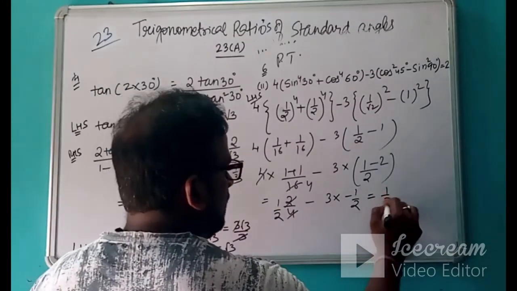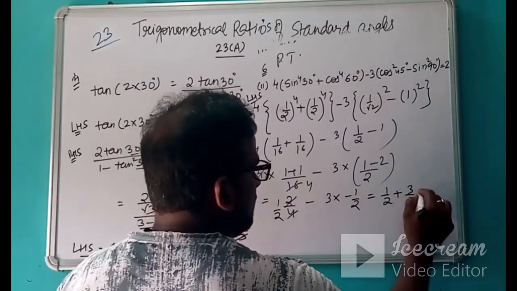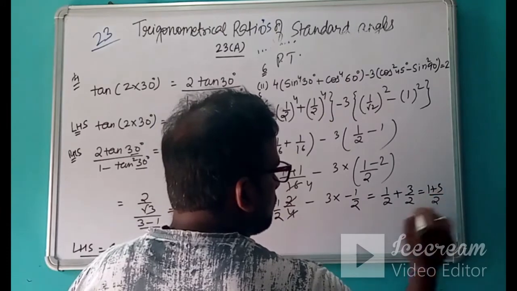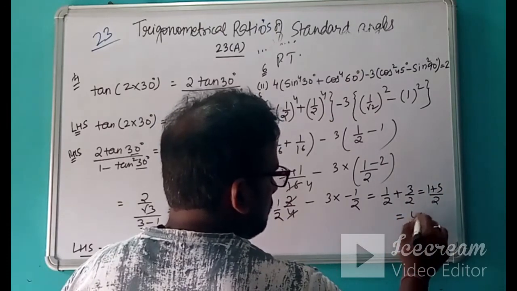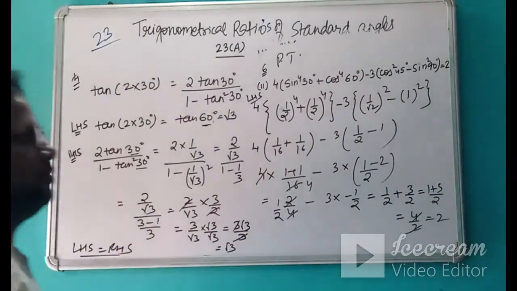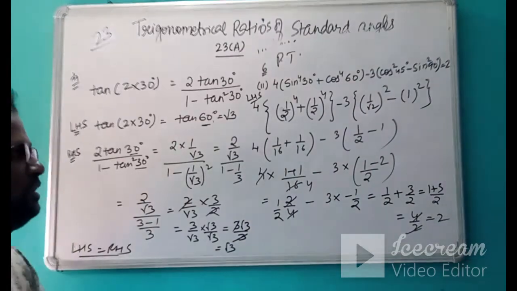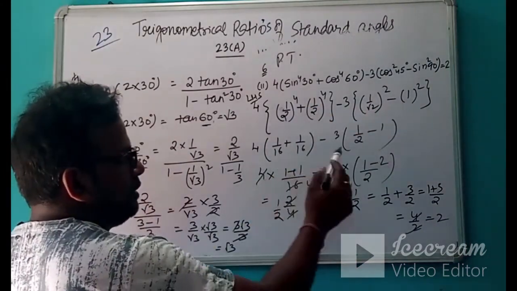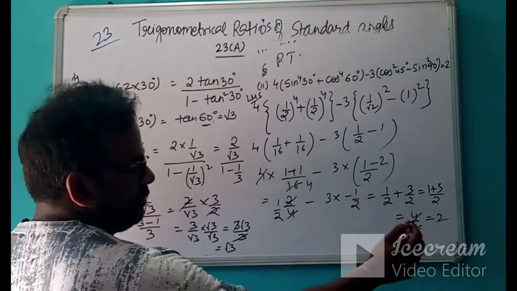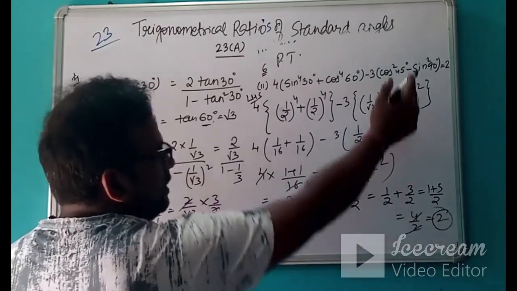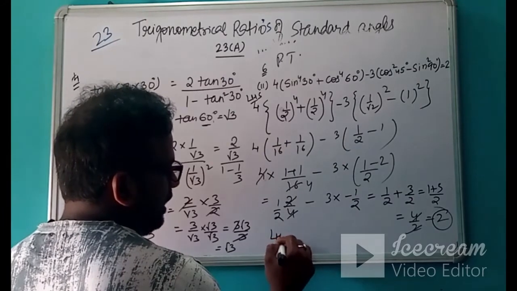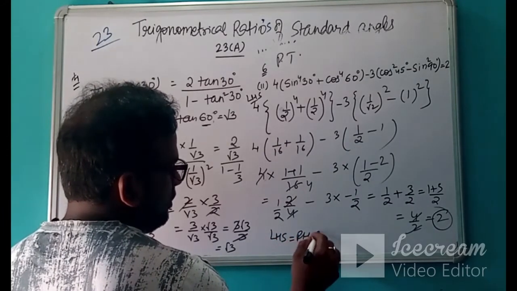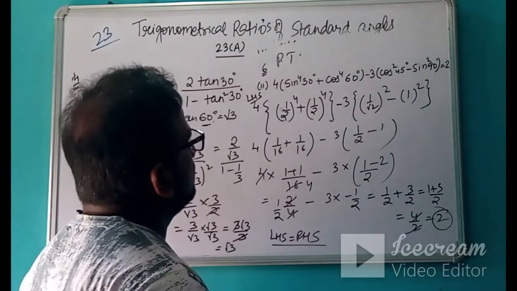So it is 1 by 8 plus 3 by 2. So simple calculations are there. First we will put the values like I have put, then you keep solving it. When you solve, you will get the answer as 2, and that is our RHS. So we can write LHS equals RHS, hence proved.